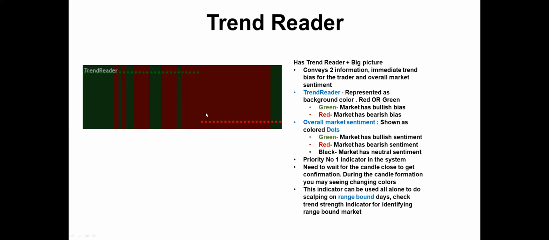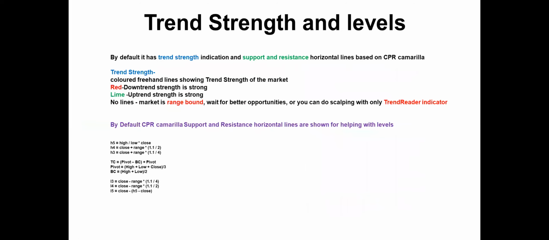Without even this big picture, you can remove it in the settings. You can just use this trend reader during range bound days, and check the trend strength for identifying the range bound market, which I'll explain later. This is all about trend reader, the priority number one indicator of the system.